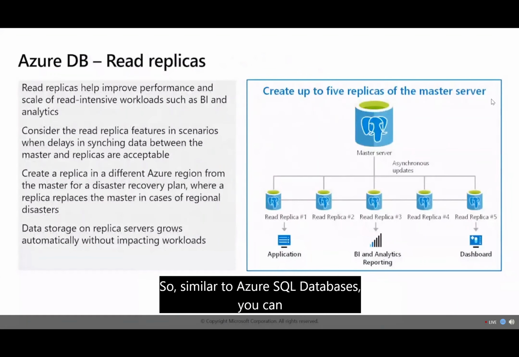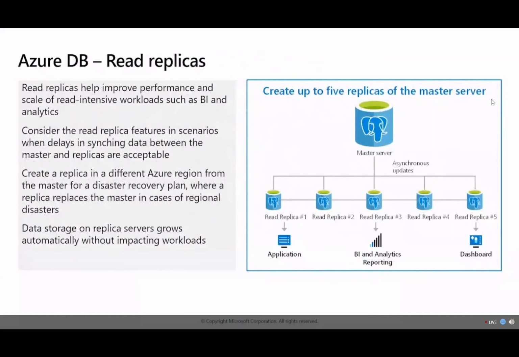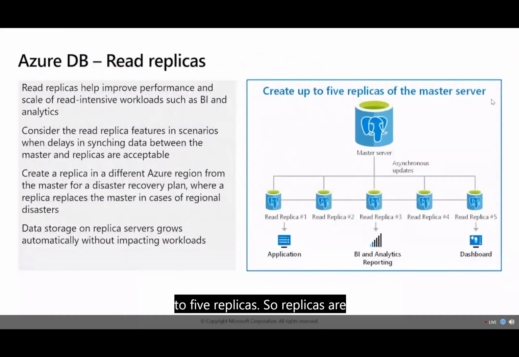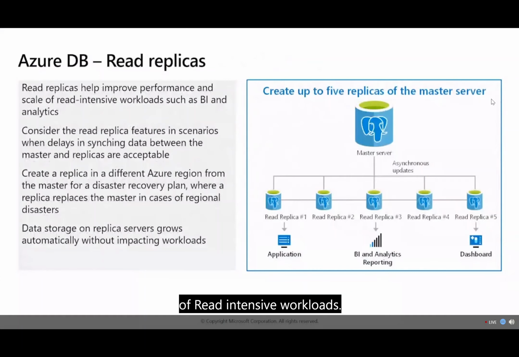So similar to Azure SQL databases, you can also replicate data for Azure PostgreSQL Database or Azure MySQL Database to read-only servers. So Azure PostgreSQL Database supports replication from the master server up to 5 replicas. So replicas are updated asynchronously with PostgreSQL Engine's native replication technology. The read replicas help to improve the performance and scale of read-intensive workloads.